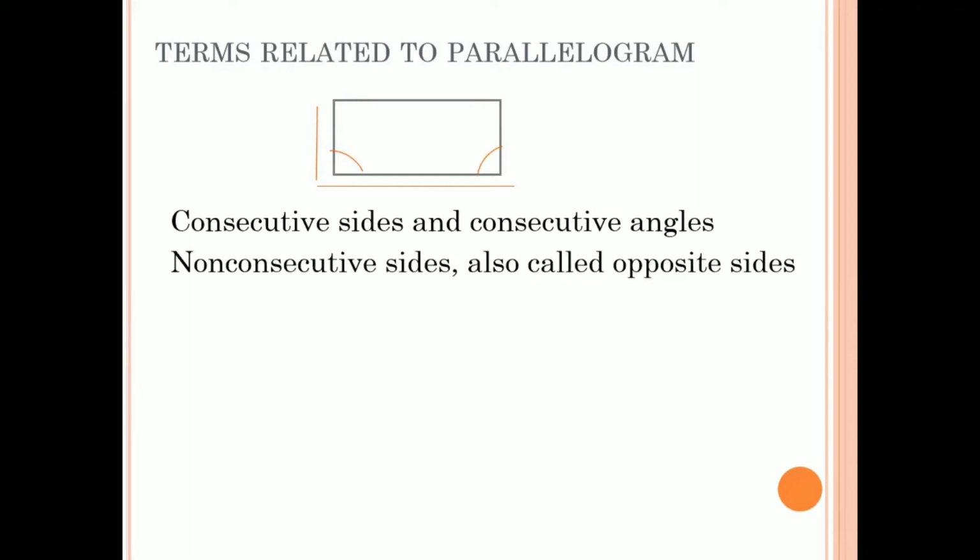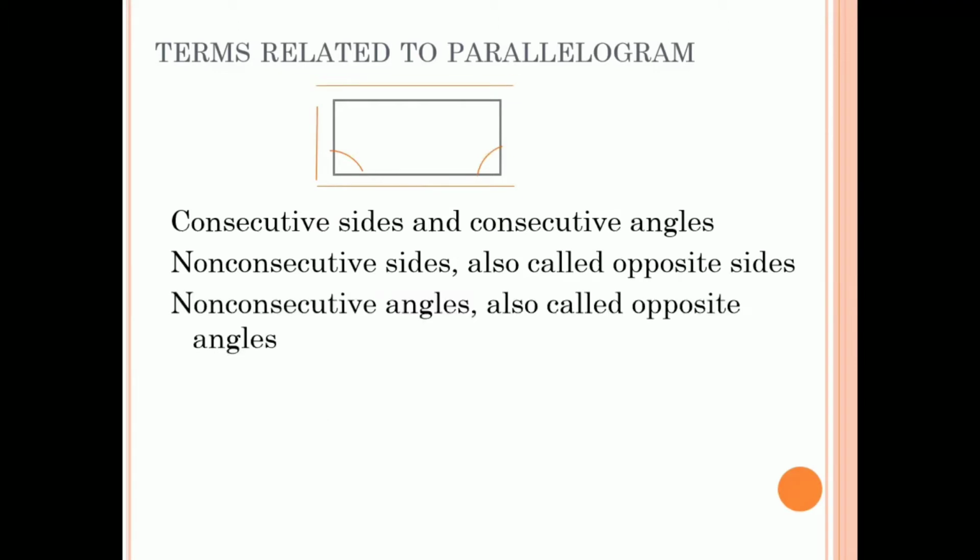The non-consecutive sides are also called opposite sides. So this side and its opposite side are non-consecutive sides. The non-consecutive angles are also called opposite angles. So you can choose opposite angles here.